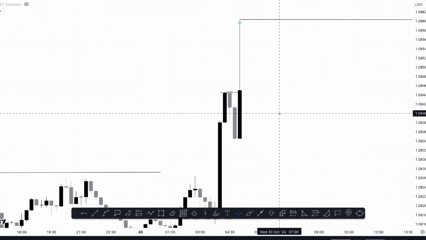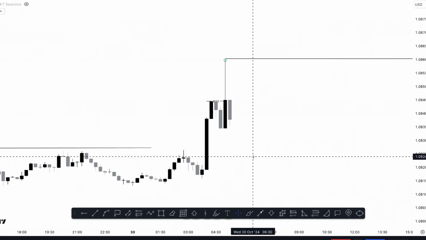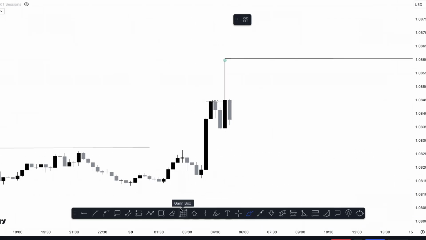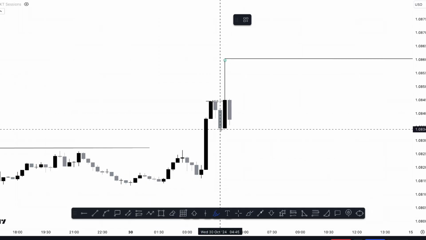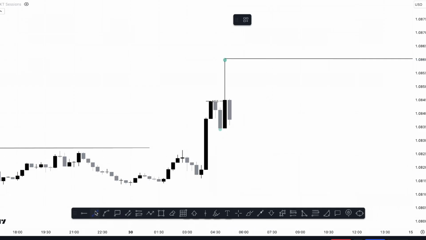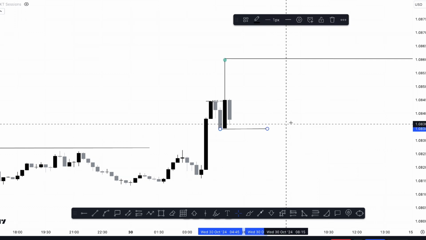Like in this case, right now we have a structure break. We then see that price created a 15-minute low and a 15-minute high. I'm interested in sells because price just broke structure on the 4 hour. There will be a retracement.